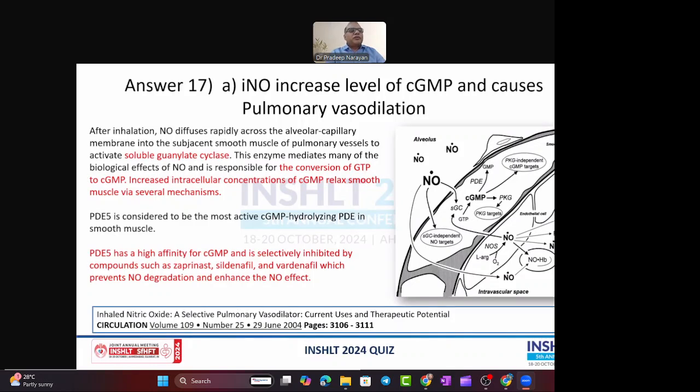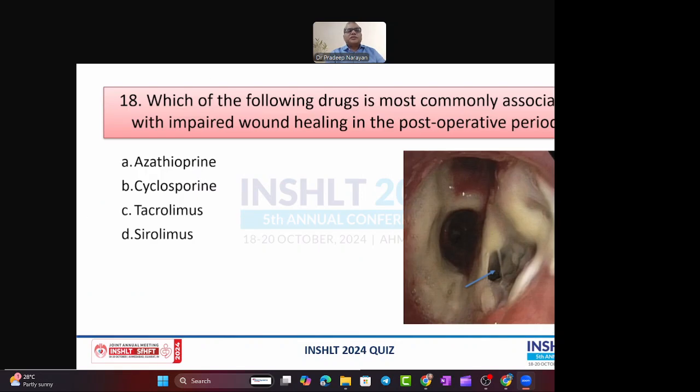PDE5, which stands for phosphodiesterase type 5, and we know them commonly as sildenafil, are actually useful in increasing the cyclic GMP levels. So the answer here was nitric oxide, because nitric oxide increases the level of cyclic GMP and causes vasodilatation.